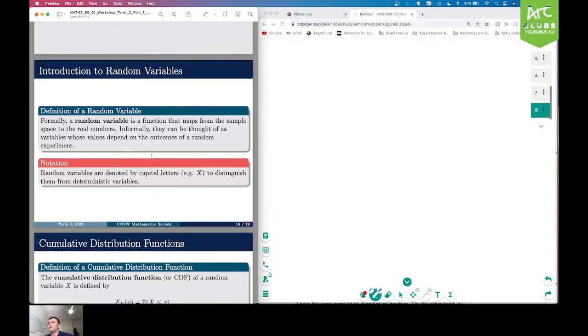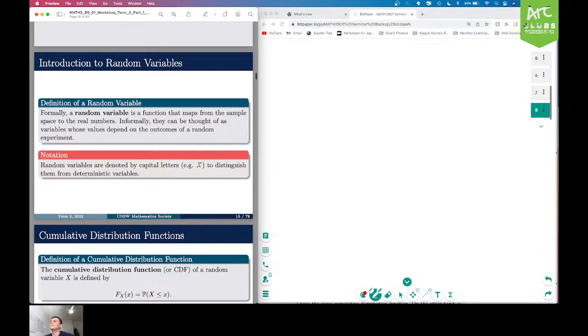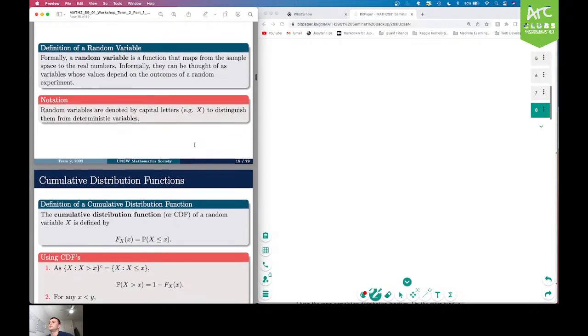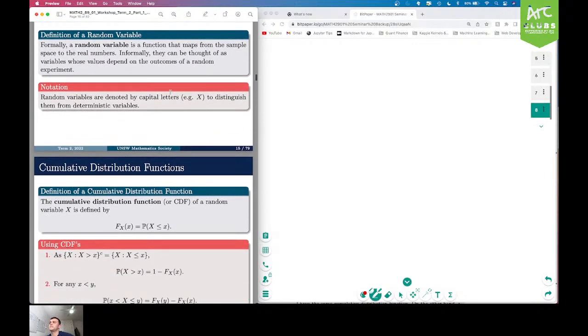Or in the continuous case, we could look at the heights of kangaroos or something. Who knows? We typically denote these with capital letters, so that's going to be capital X, to distinguish them from non-random variables. Anytime you see a capital, at least in statistics, you can think of it as a random variable, at least most of the time. Cool. And we'll get into plenty of examples of this as well.